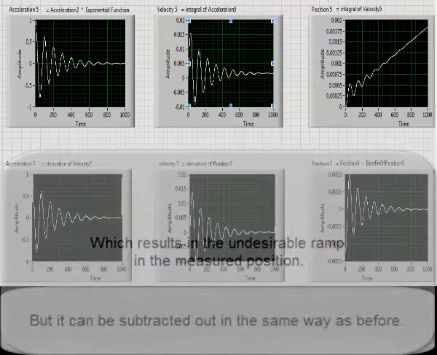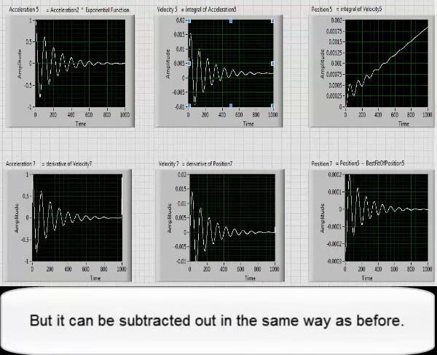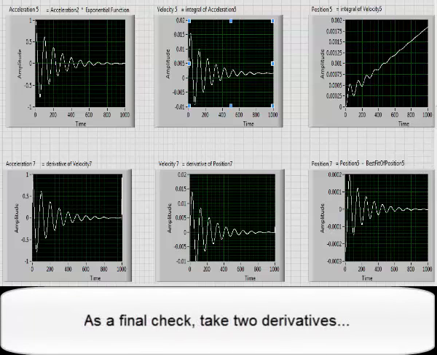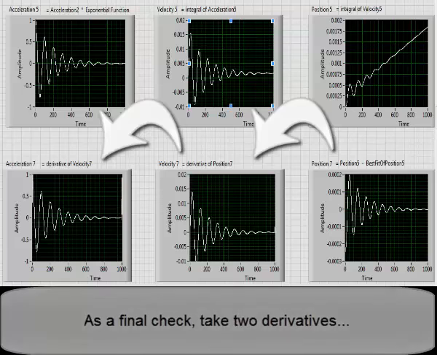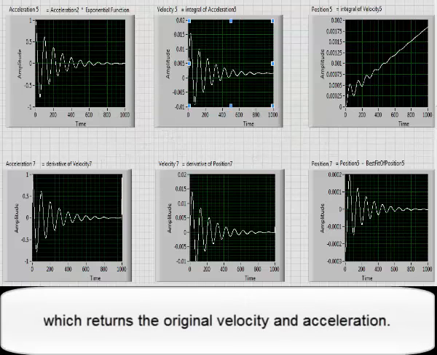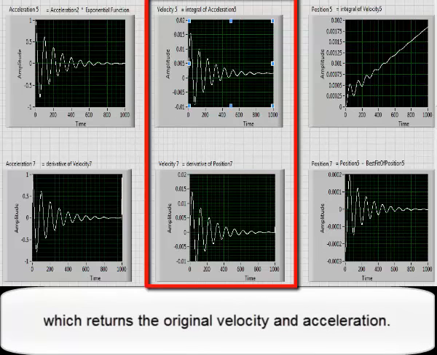But it can be subtracted out in the same way as before. As a final check, take 2 derivatives, which return the original velocity and acceleration.